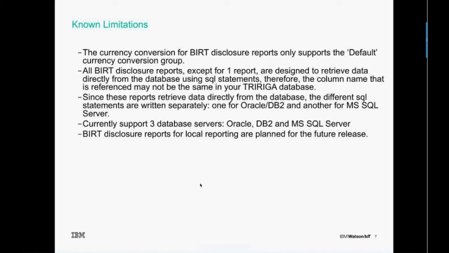So currently we support only 3 database servers: Oracle, DB2, and Microsoft SQL Server. And last is that the BIRT disclosure report for local reporting is planned for a future release.